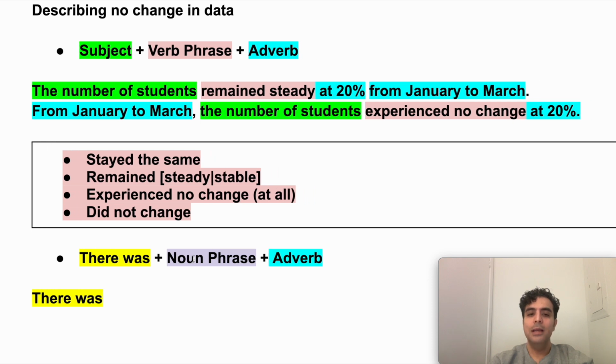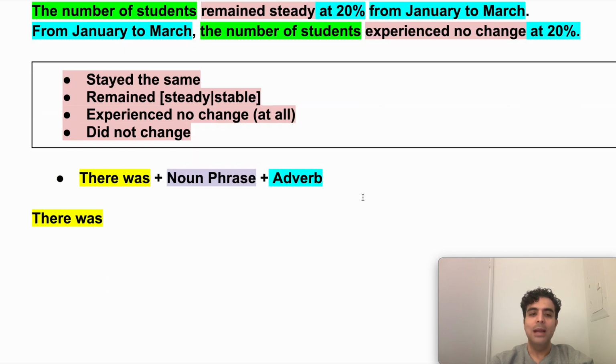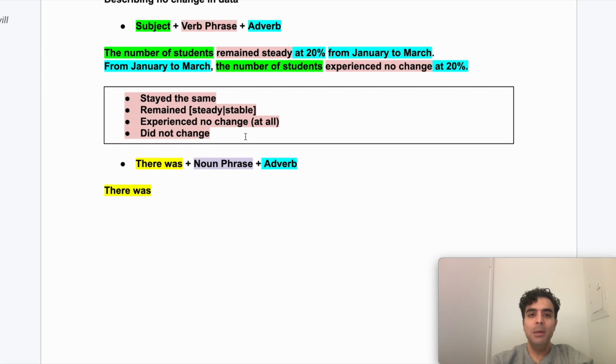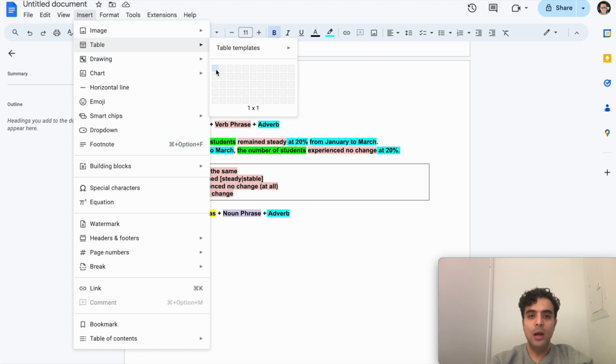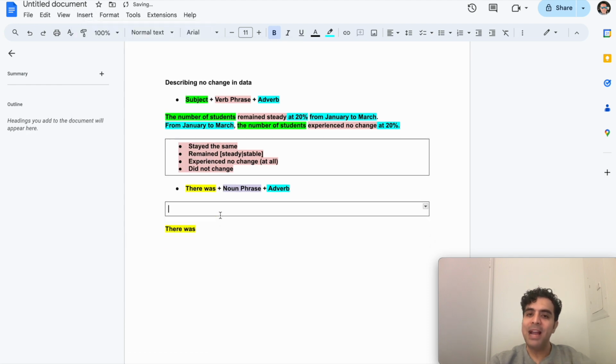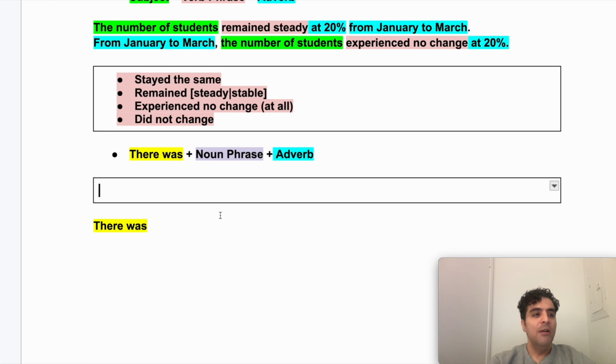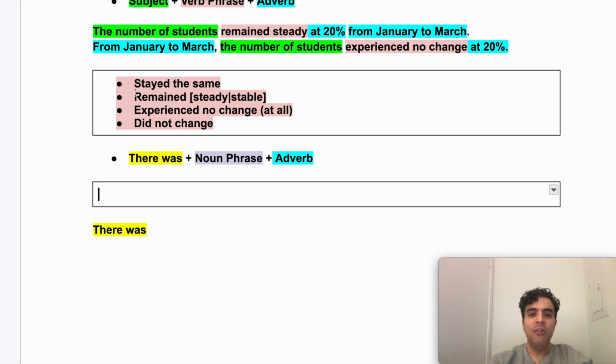So what is this noun phrase that I'm supposed to use? Let me introduce these noun phrases to you, and you'll see how easy it is to find the matching structure. So, for example, in the verb phrase, we said stayed the same, remained steady, remained stable.